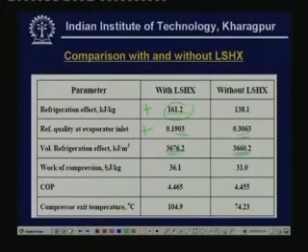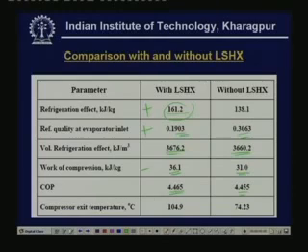Then work of compression. Obviously with liquid suction heat exchanger, work of compression has increased because the isentropes in superheated region are flatter compared to the isentropes closer to the vapor dome. So, this is 36.1, this is 31. So, this is actually a negative point, and COP you can see is almost same. Okay, it is 4.465 with liquid suction heat exchanger and 4.455 without liquid suction heat exchanger.